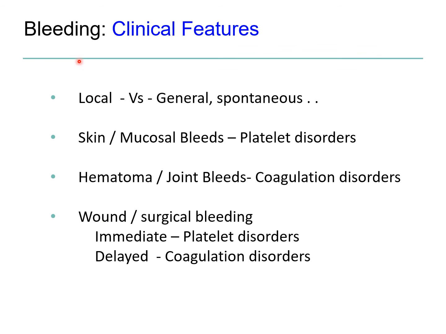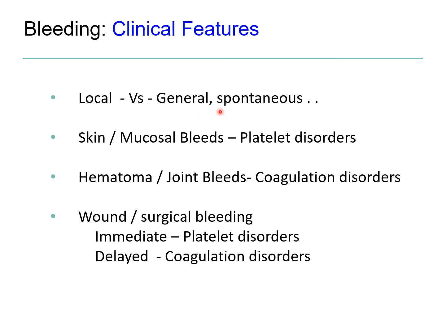Before discussing specific diseases related to platelet disorders and blood coagulation disorders, just a few words about general features of bleeding disorders. Bleeding could be local, that is, it is restricted to a specific site in the body, or it could be general, that means any organ system could be involved.